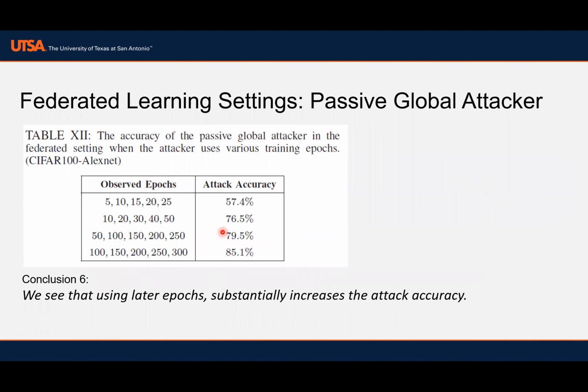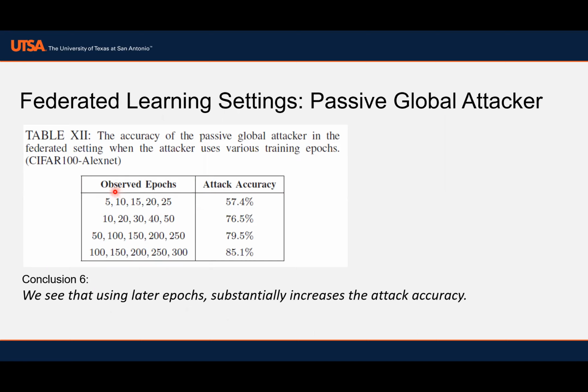Okay. In the federated learning setting, they first analyze the passive global attacker. Because the passive global attacker can only observe the model and cannot modify it, they use some specific observed epochs and use those epochs to calculate the accuracy.